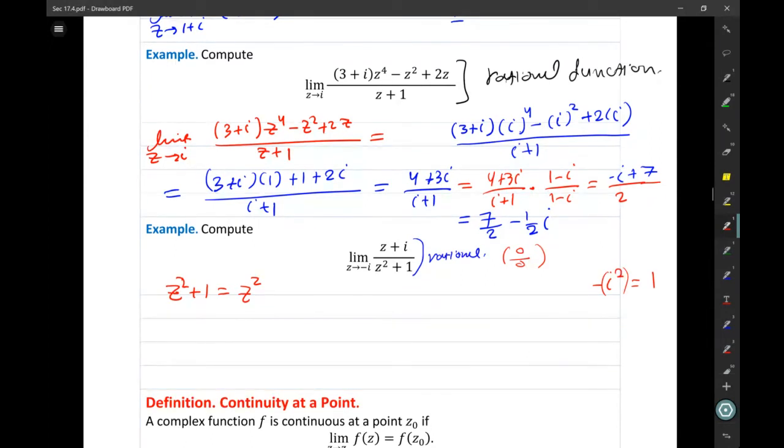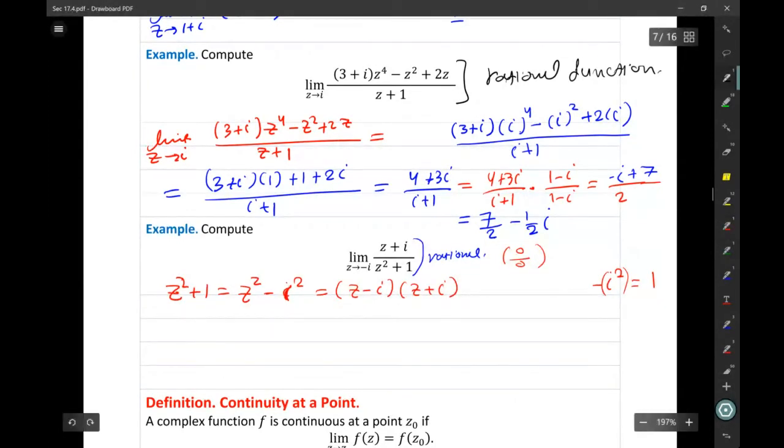So replace this one by minus i squared. When you factor, it becomes (z minus i) times (z plus i).